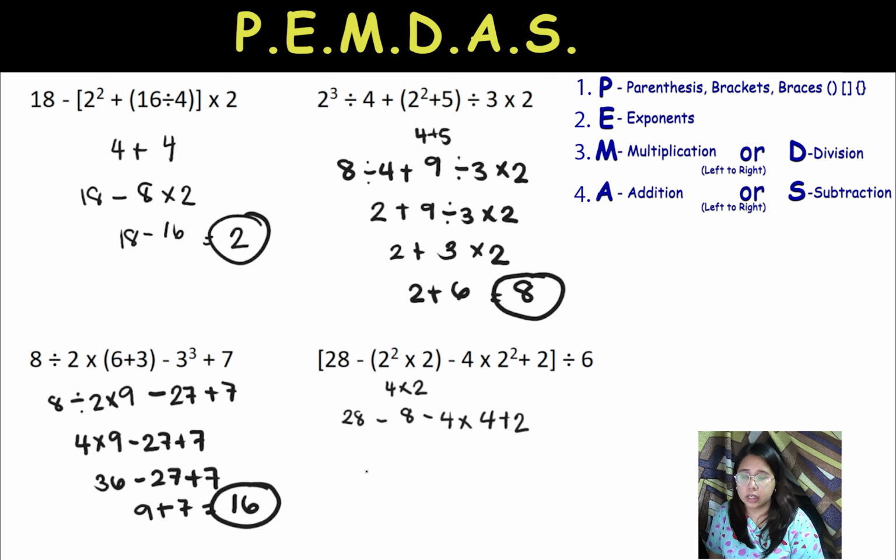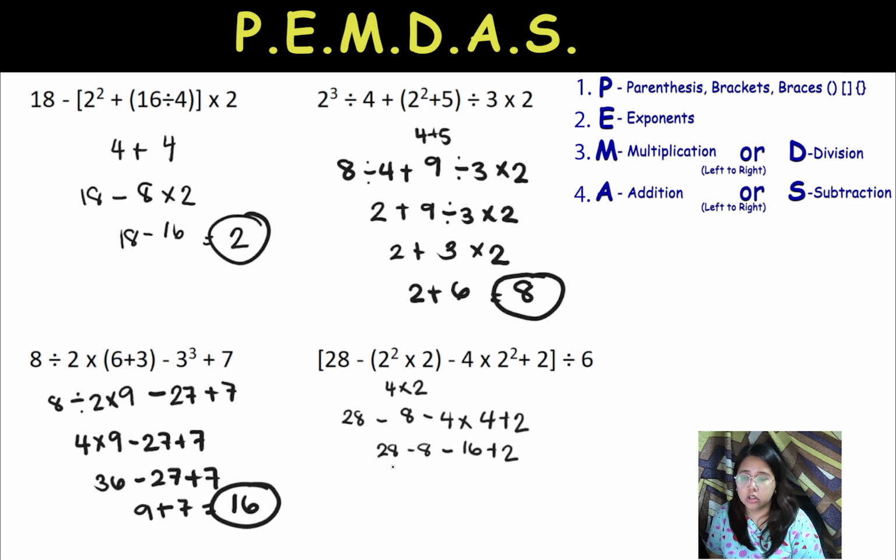Okay, next is multiplication or division according to PEMDAS. So in this case, we have multiplication here, which is 4 times 4. So 4 times 4, that is 16. Tapos, kopyahin natin the rest of the equation. So 28 minus 8 minus 16 plus 2.